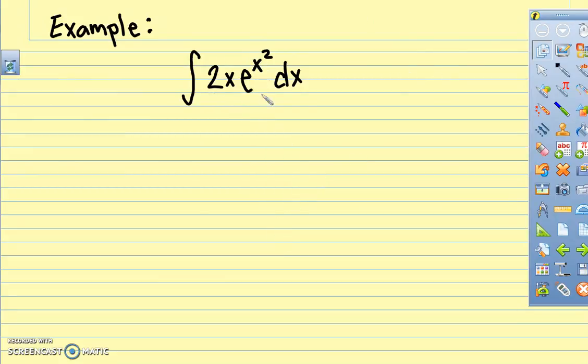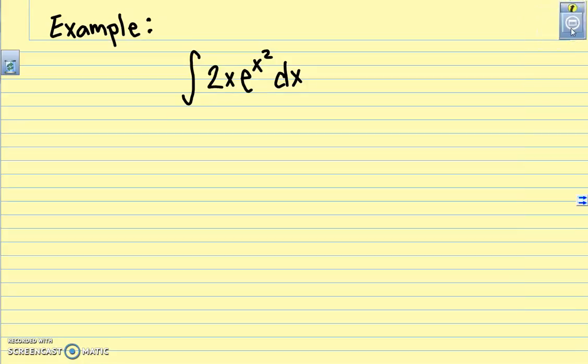Right off the bat, I have to start with the substitution, just like I did in that last example with the natural log functions. The trick here is that the u substitution should be the exponent. So I'm going to let x squared equal u.